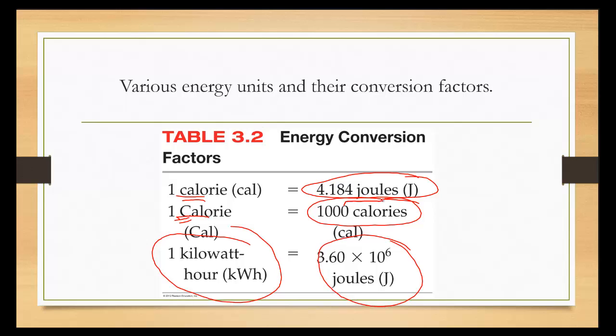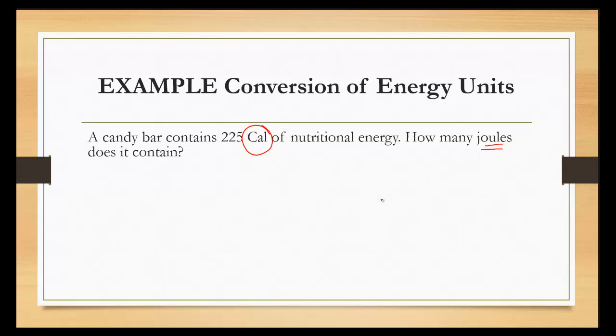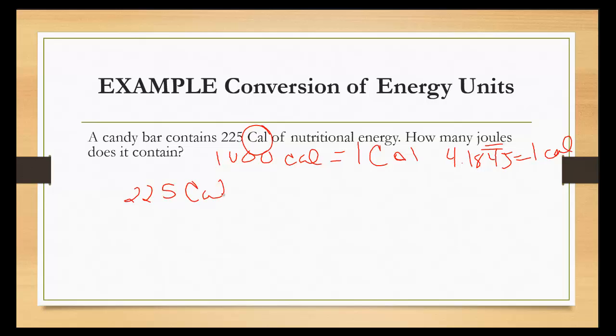So we're going to be using the conversion factors: 1,000 calories is equal to 1 big C calorie, and 4.184 joules is equal to 1 calorie with a little c. As always, you want to put your starting number over 1. So 225 calories over 1.